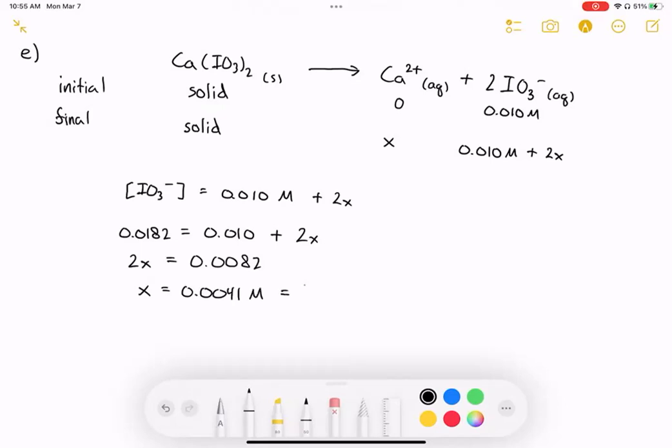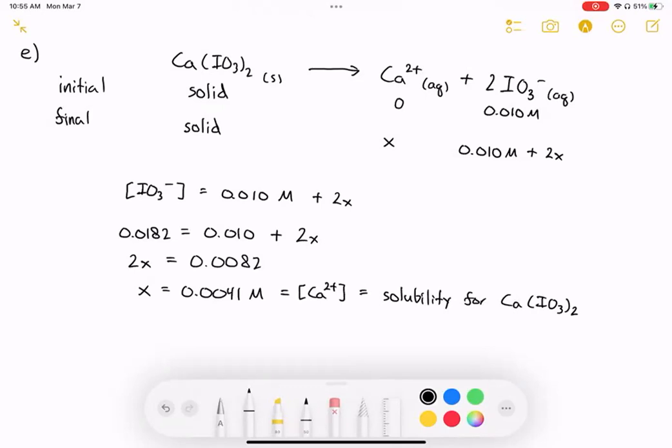So that equals our calcium concentration, Ca2+, which equals our solubility for calcium iodate in this solution here. Okay, so 0.0041 molar.